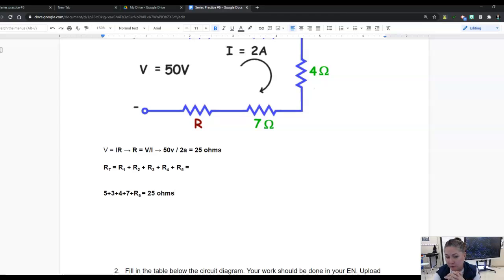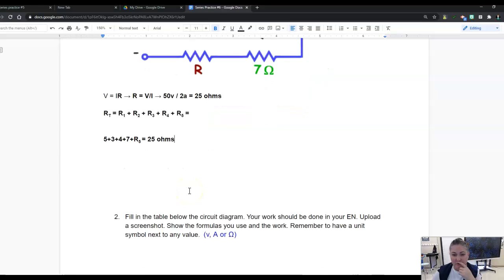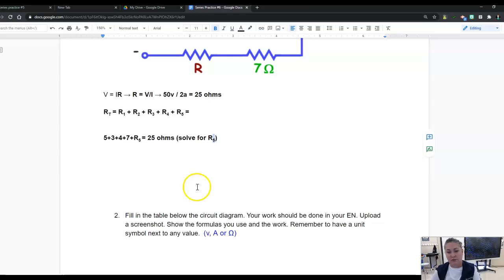I'm hoping you're able to do this math. You can see that 5 plus 3 plus 4 plus 7 is 10, 15, 19. So you'll have 19 plus this variable is equal to 25. 25 minus 19 gives you your answer there, and you're good to go. So solve for R5 and then you can put in your answer.